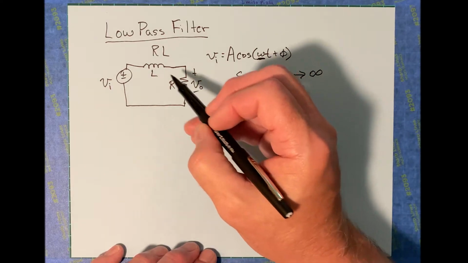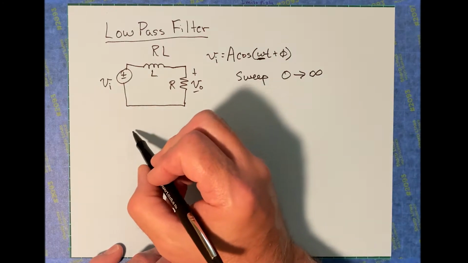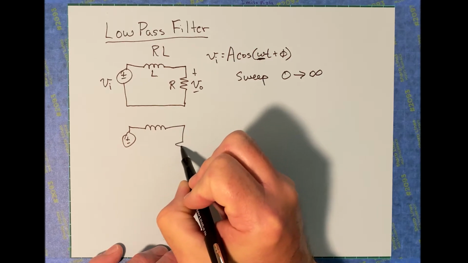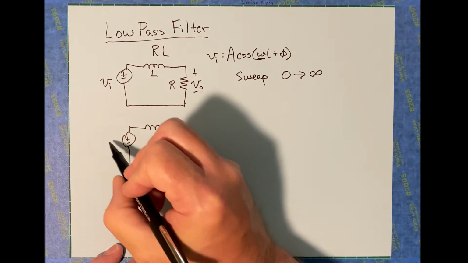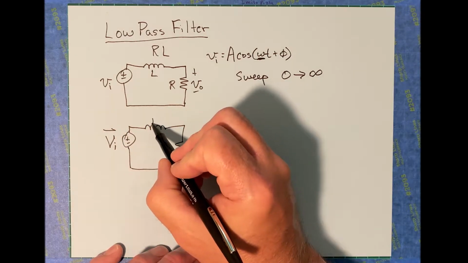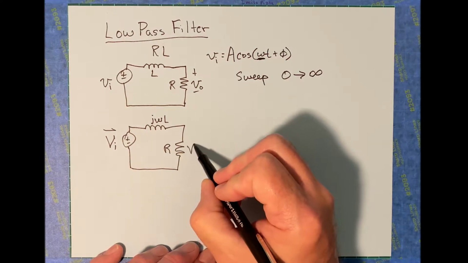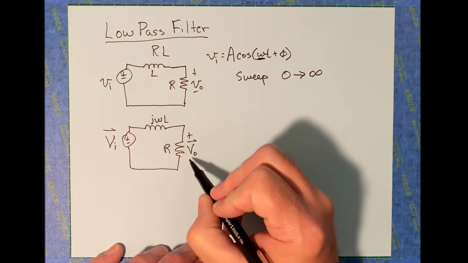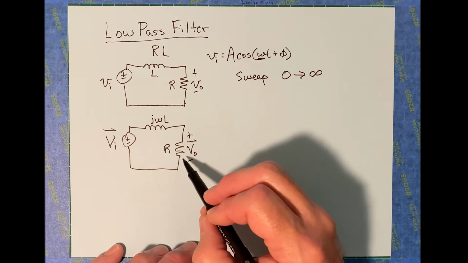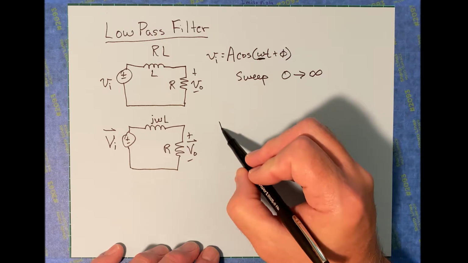Now, let's consider what happens for the extreme cases. If I take this circuit, which is currently in the time domain, and transform it into the frequency domain, let's see what I end up with. It's going to be phasor V input, then j omega L, and this is still going to be R, and this is going to be phasor V output. Just like that. This is not a difficult problem to solve.